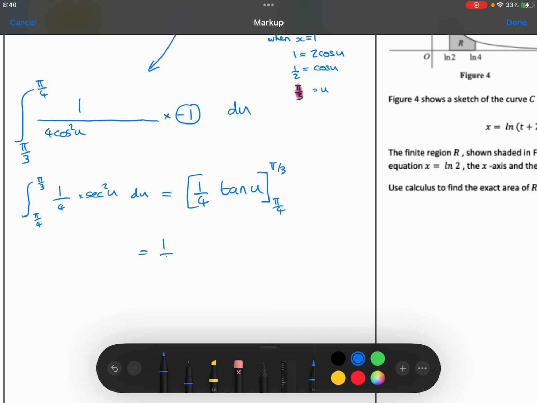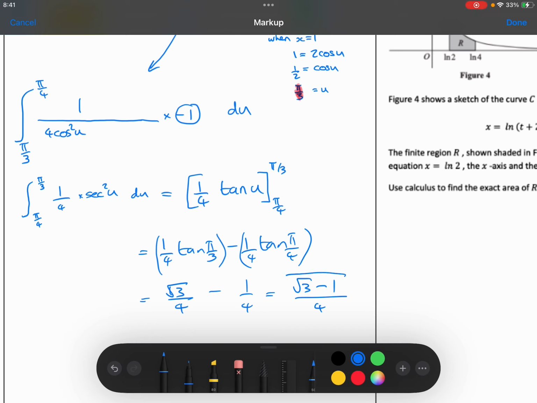Substituting the limits in then, we get 1/4 of tan pi over 3 minus 1/4 of tan pi over 4, which gives me root 3 over 4 minus 1 over 4, which I can combine to be root 3 minus 1 all over 4.